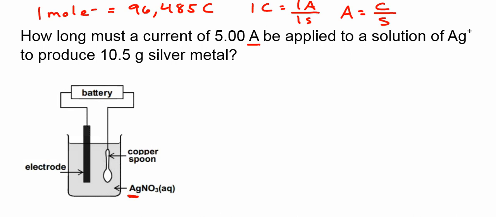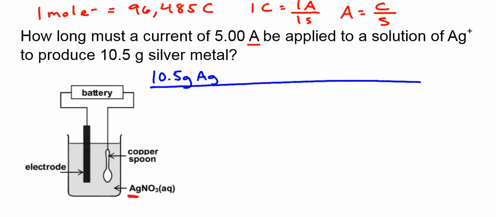I want to plate 10.5 grams of silver metal. How long will that take me? Okay, so as always, we start with what we know, and what I want to find out, which is time, and the fact that I want 10.5 grams of silver.